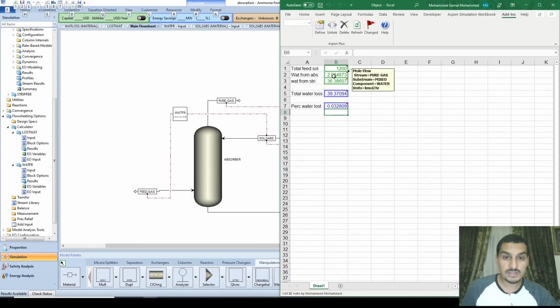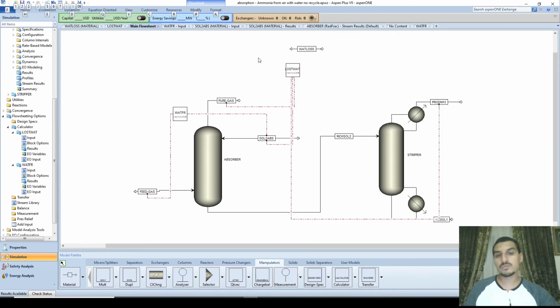So now you can know that the water that's lost from the absorber is 36.4 kilomoles per hour, almost, and the total water lost is 39.37, and the percent water lost is 3.2%.